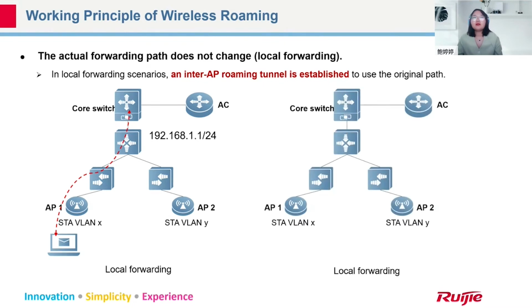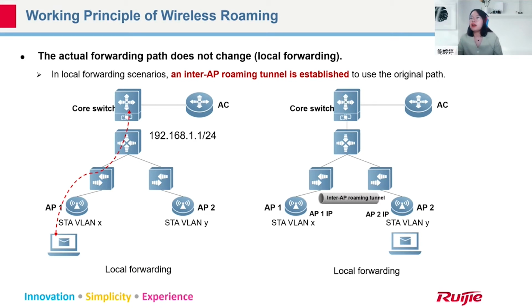And then maybe after the roaming, the station is moving, and I send out the message, and the message will be sent directly through AP2. But if your station is VLAN Y, and VLAN X and VLAN Y are located in different scenarios, the core switch will still discard your message.